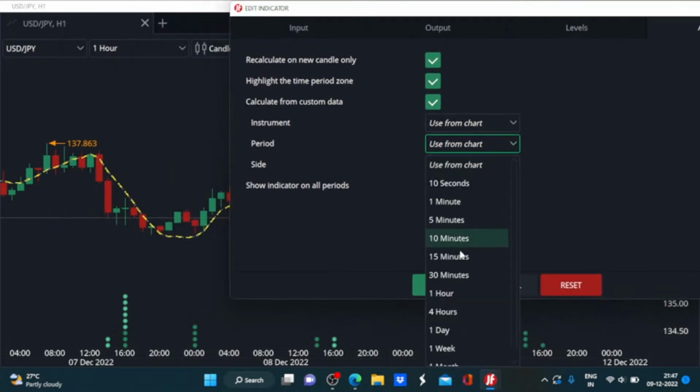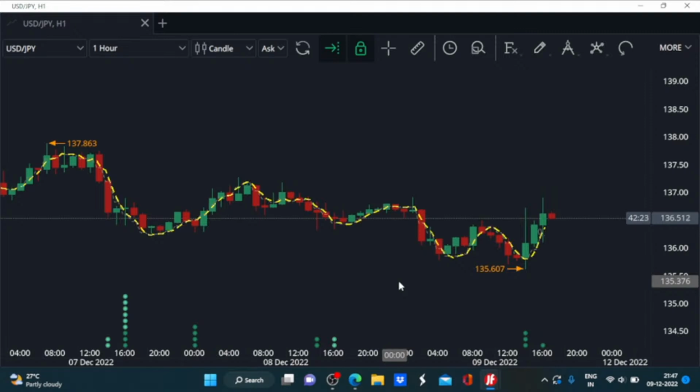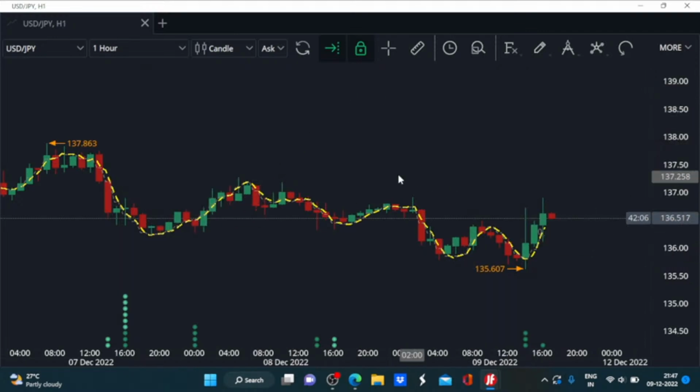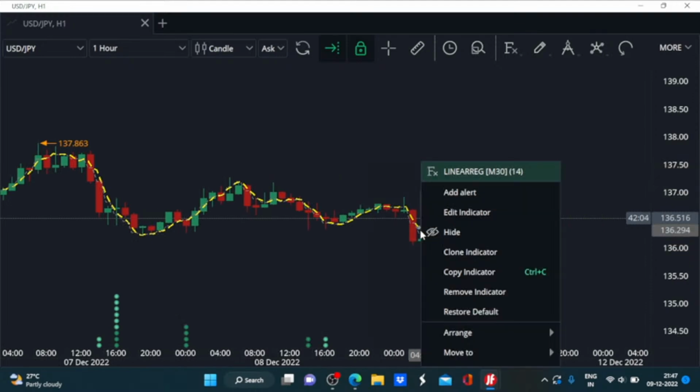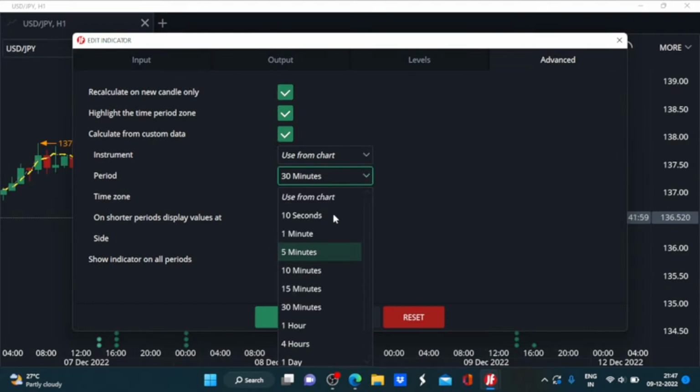Suppose, for example, you want the indicator's output value to be derived using the candle period of half an hour each, even though we are using that output on hourly time frame. We can do that. So here this linear regression output has been calculated while keeping each candle of 30 minutes each for the total calculation period of 14, and then that has been added, or you can say plotted, on this hourly candle period chart. So this is one interesting option given on the platform.